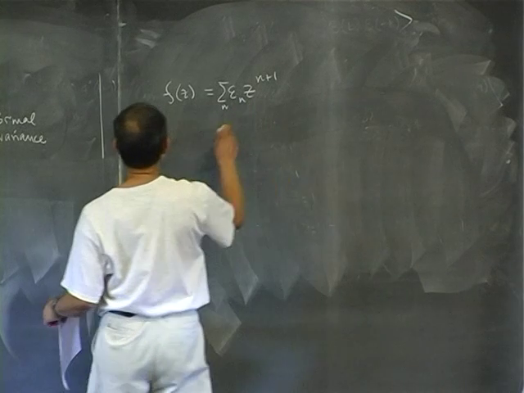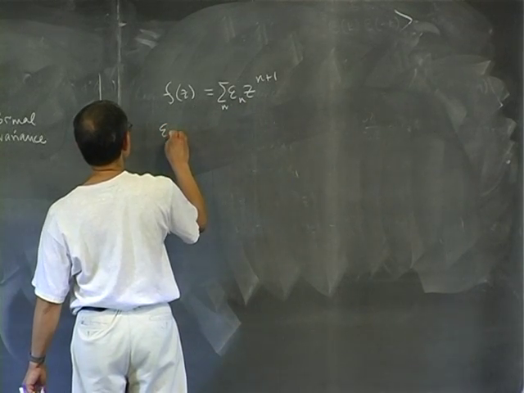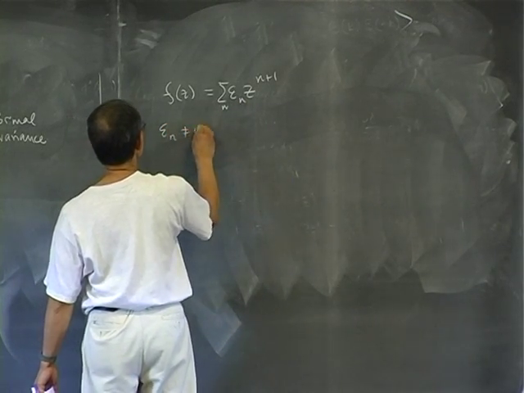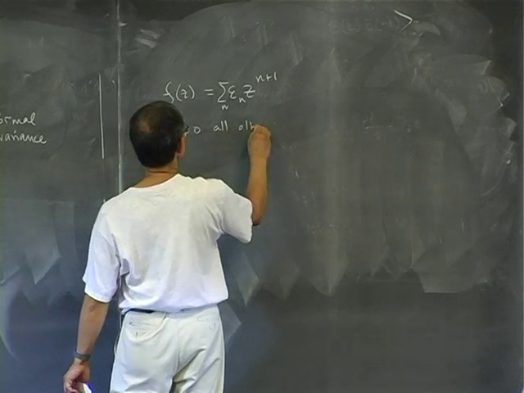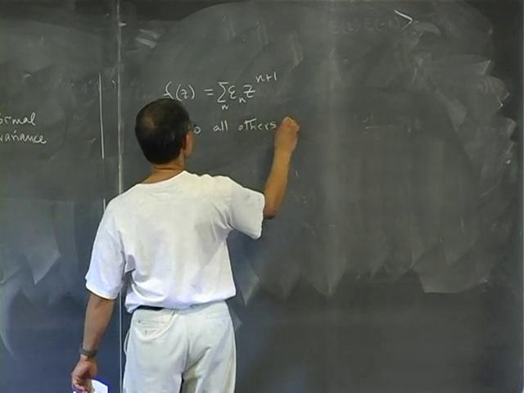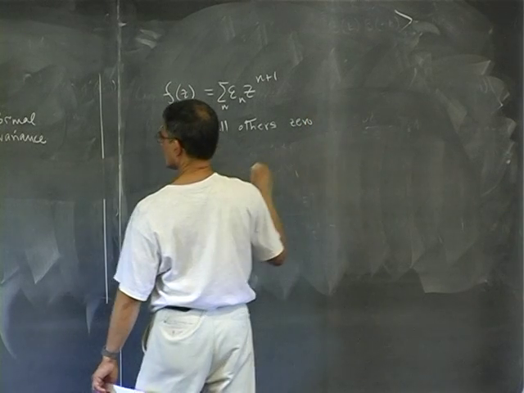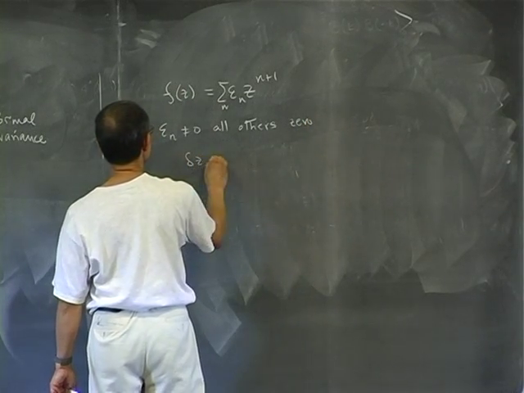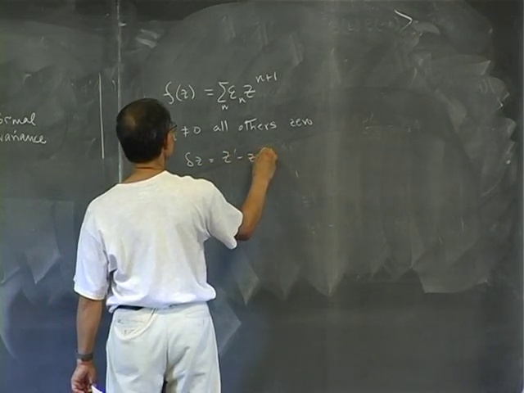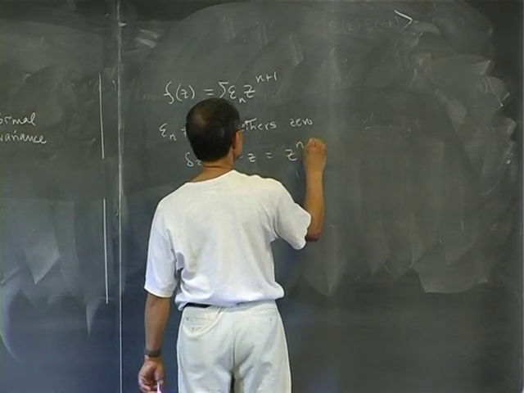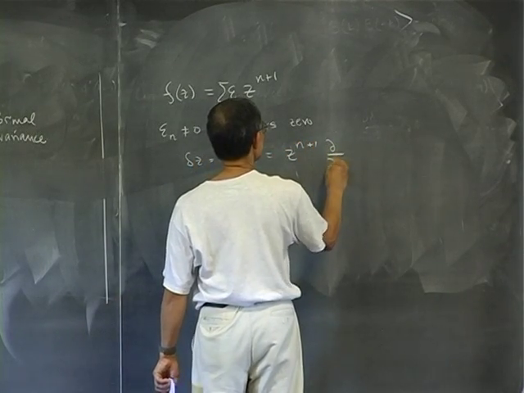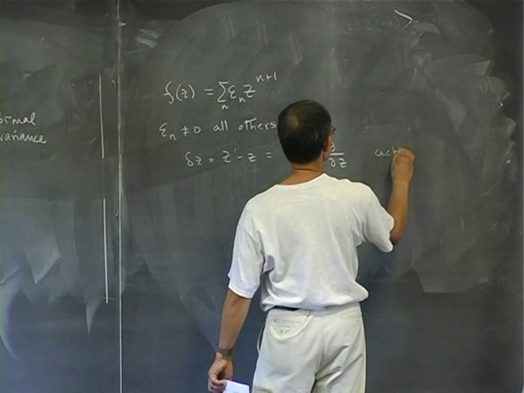And then I see that if only one n is non-zero, all others 0, this delta z equal to z prime minus z is given by z to the n plus 1 del del z acting on functions.